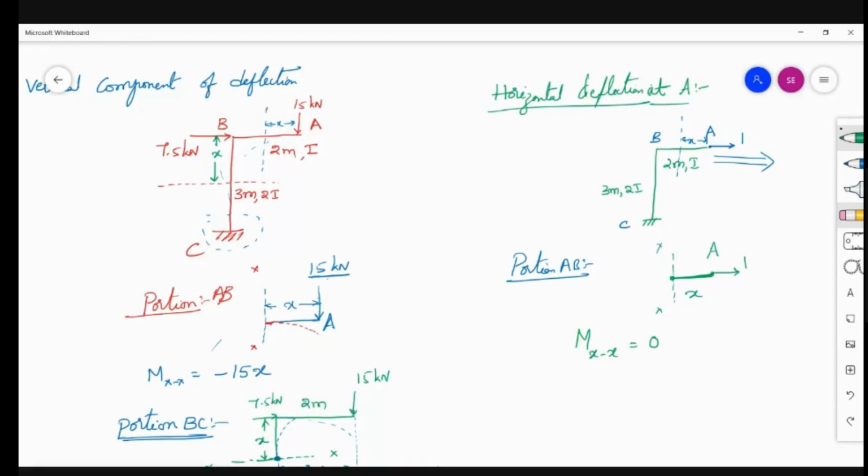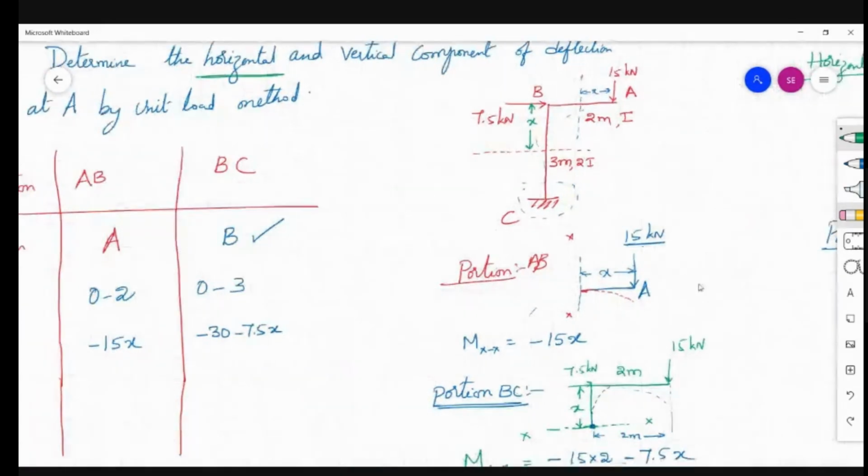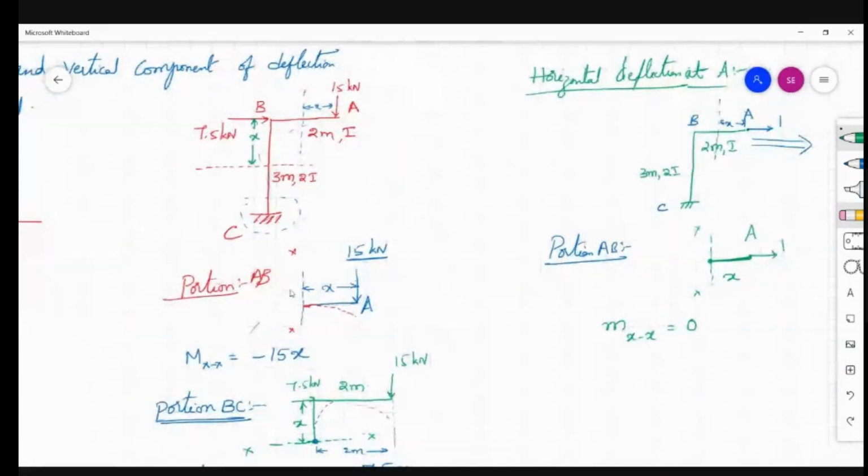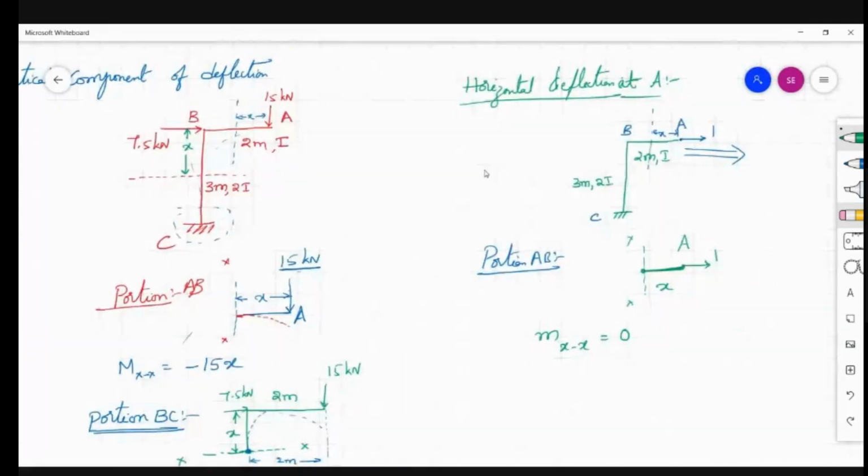Here I have to write it as small m. So for portion AB, for horizontal deflection, m is 0. Once again, to get the horizontal deflection at A, apply the unit load at A in the same direction.